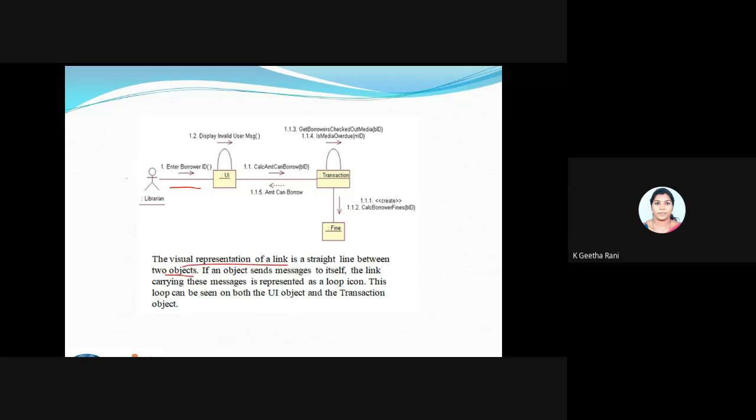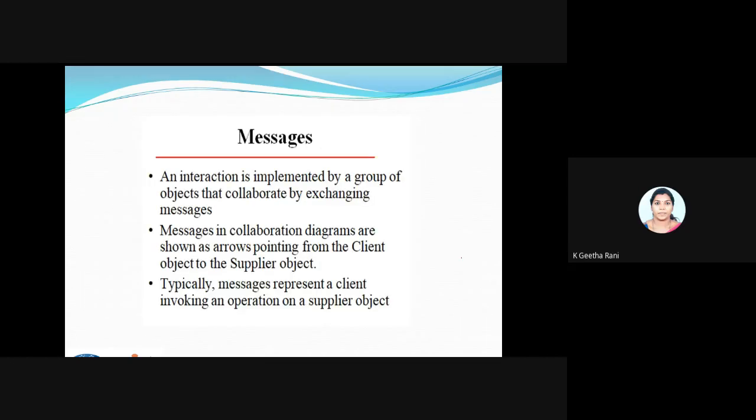The same thing I said. Here this line has a loop icon, a loop line, which is going to repeat, so I'm giving a loop symbol for it. So this is the meaning of link. Next we'll go for messages. We saw plenty of message types while drawing the sequence diagram, and here also we have very different message types.